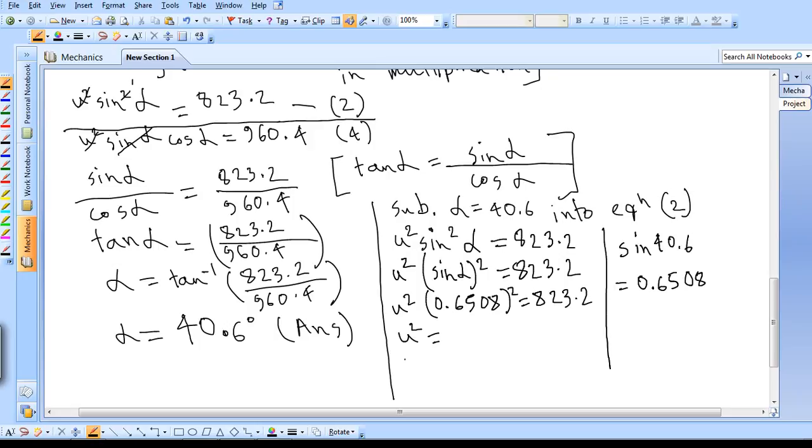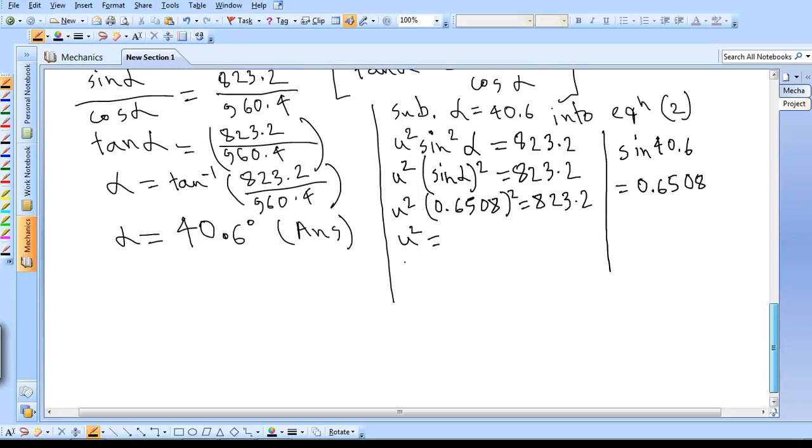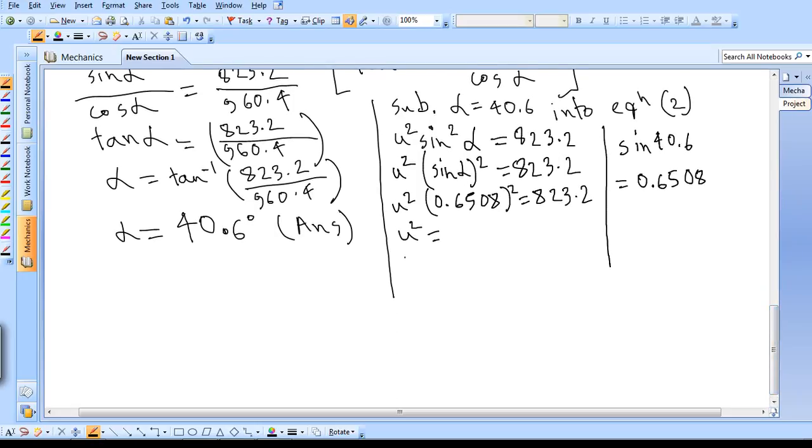Now just making u the subject, u square is equals to 823.2 divided by 0.6508 square.